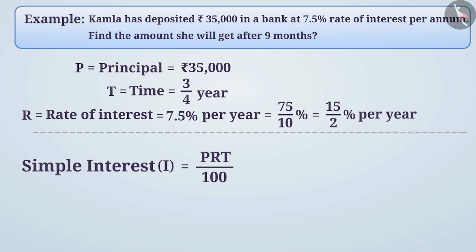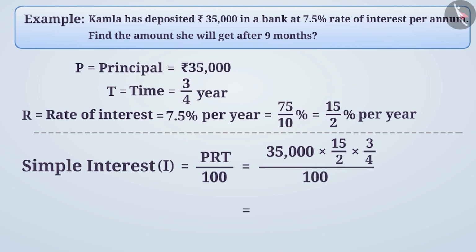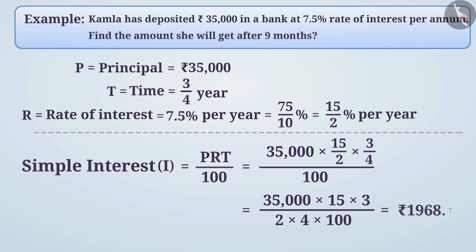By doing so, I is equal to 35,000 into 15 by 2 into 3 by 4 by 100, which is equal to 35,000 into 15 into 3 by 2 into 4 into 100, which is equal to 1968.75.